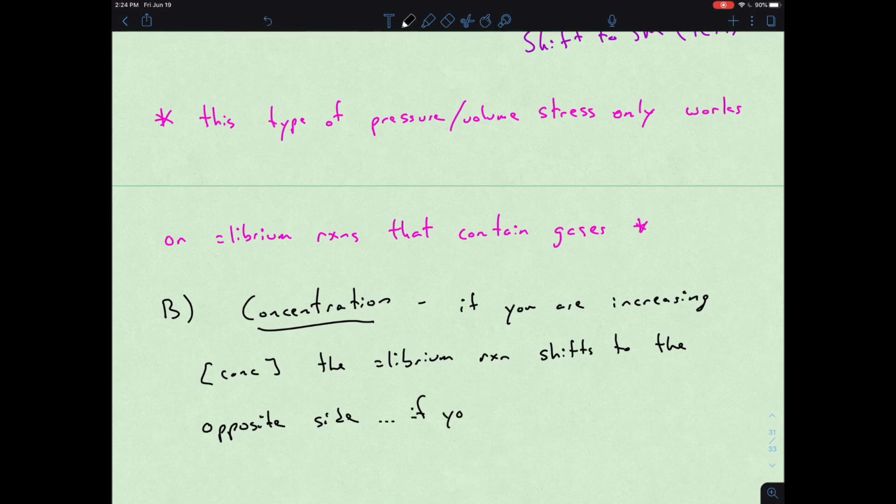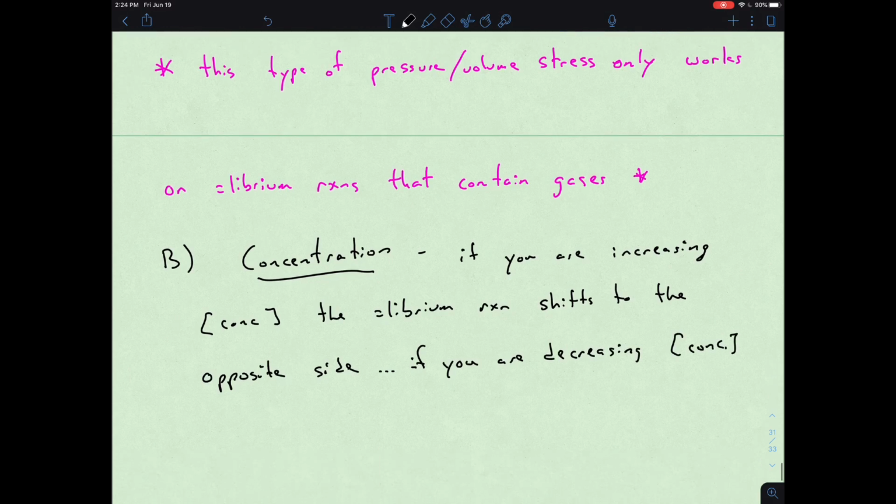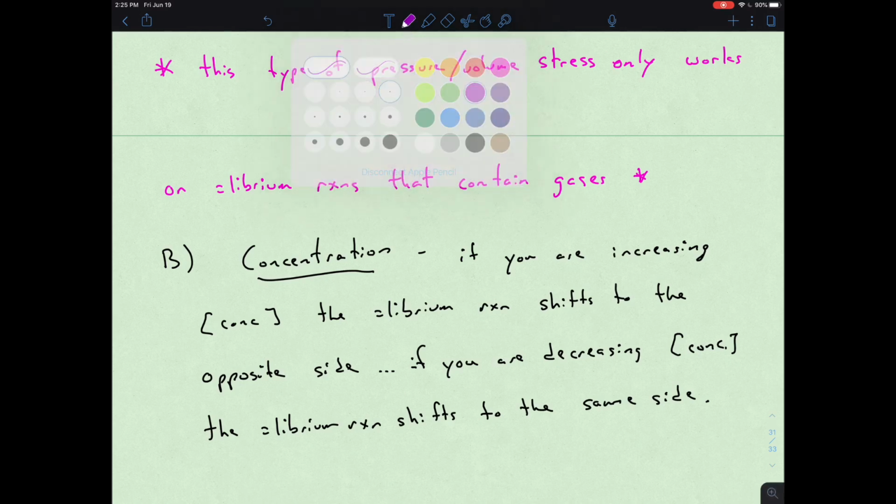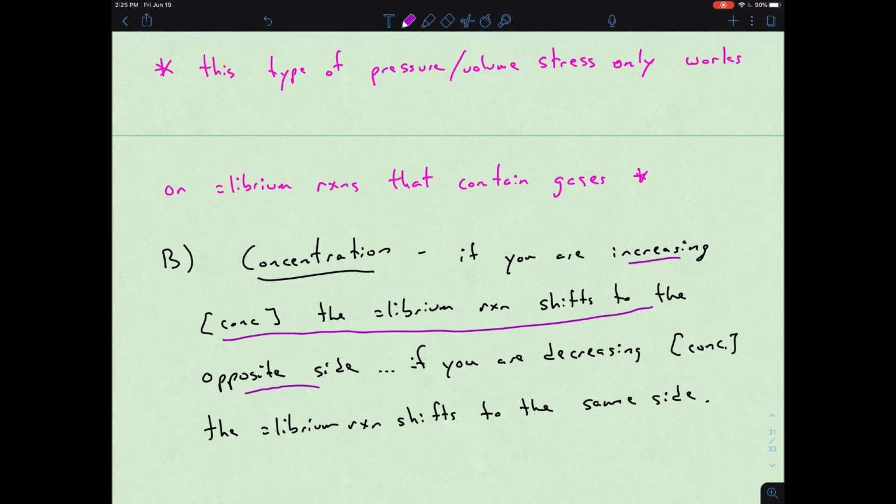If you are decreasing concentration, then you have the opposite, to the same side. So there's our idea. Increasing concentration shifts to the opposite side. Decreasing concentration, right, equilibrium shifts to the same side.